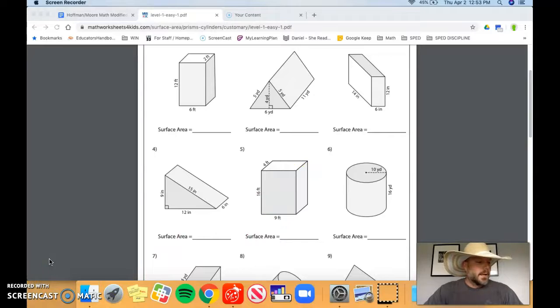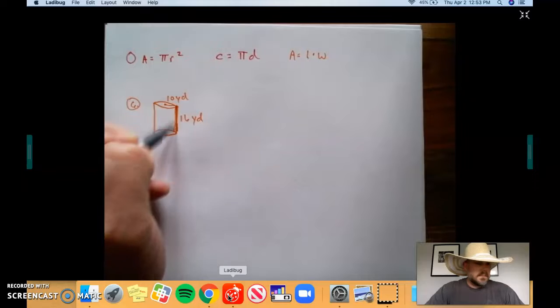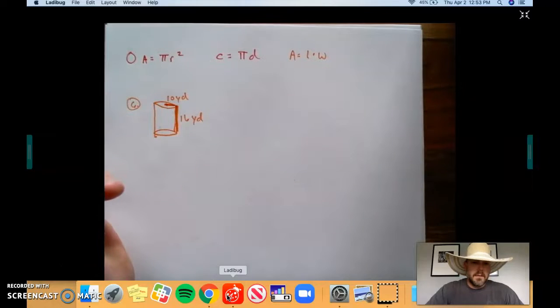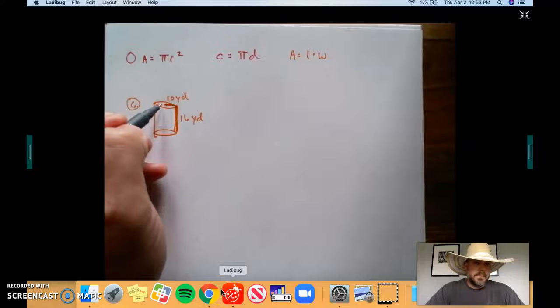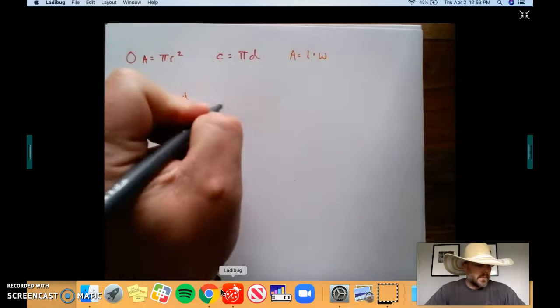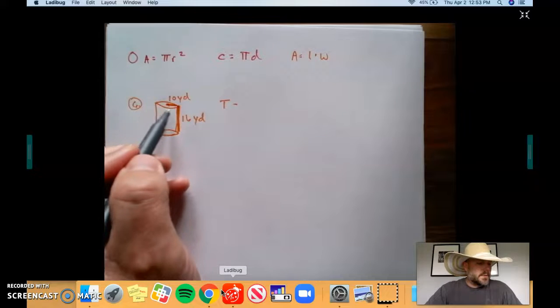All right. So we have this height of 16 and the radius of 10. Let's work through this. We have a top and a bottom. The top is a circle and the bottom is a circle. So I'm going to say top, and we need to find the area of this circle.